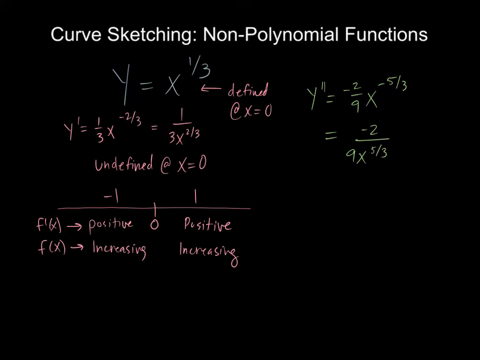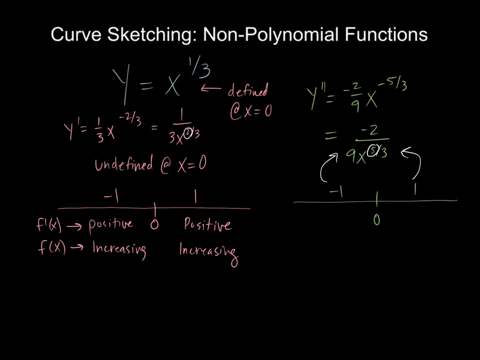Okay, so 0 again is the point in question, a possible inflection point at 0. I can still check -1 and +1, except this time I'm plugging them into the second derivative and seeing what I get. So if I plug in -1, the difference here is that this 5 is odd, whereas this 2 was even.